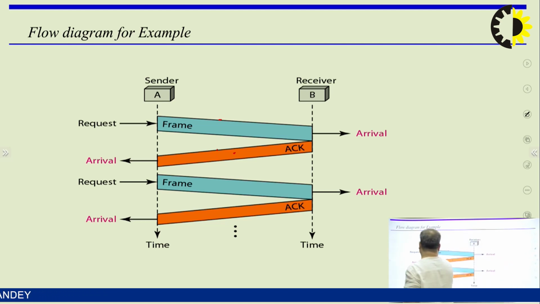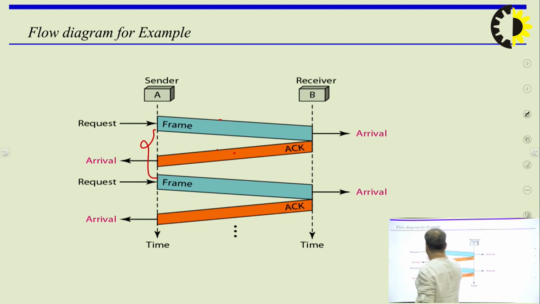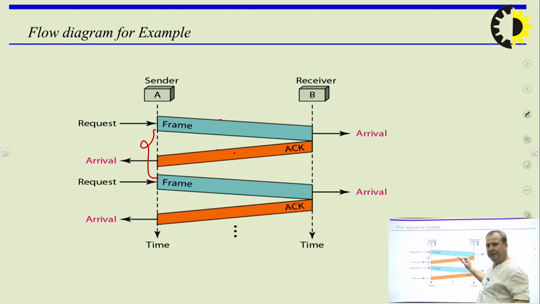During this much time, this is the time frame, from the moment the frame has been sent to when the ACK is received, the sender has to wait for every frame. The sender cannot send another frame until the ACK of the just previous frame is received. That is the concept, or the idea, of the stop and wait protocol.